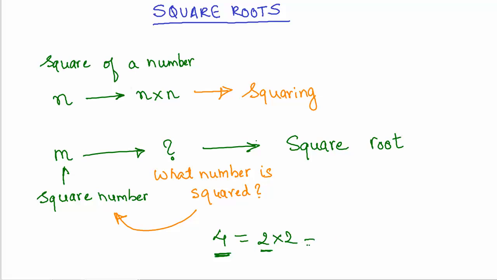This operation we would represent mathematically as the square root of 4, and this is the symbol, or this is the sign, which shows that we are taking the square root: the square root of 4 is 2. This is how we represent it. Whereas the square operation, we represent as 2 squared equals 4. So as you can see, this is the operation of squaring and this is the operation of square root.